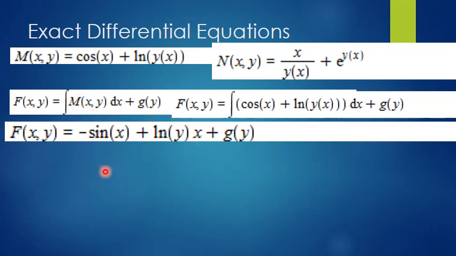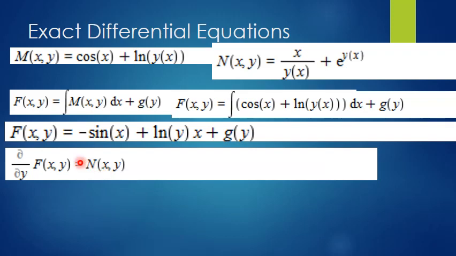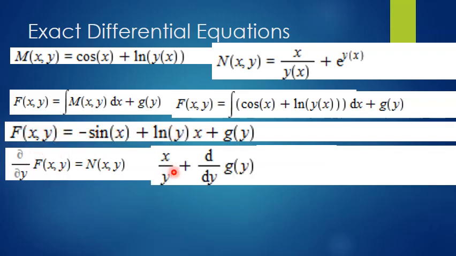Now, the other condition that has to be applied is that the partial derivative of f with respect to y has to be equal to N. So, what is f? I've got it right here. I'm going to take its partial derivative with respect to y. Well, there's no y here, so that's 0.